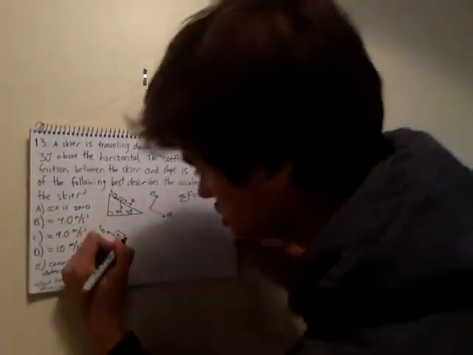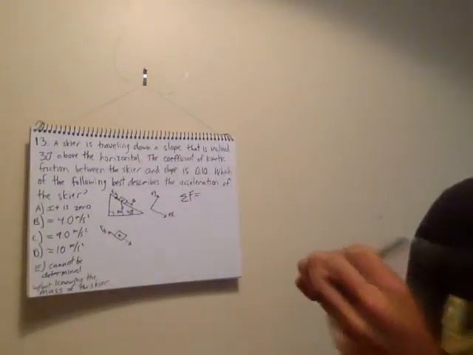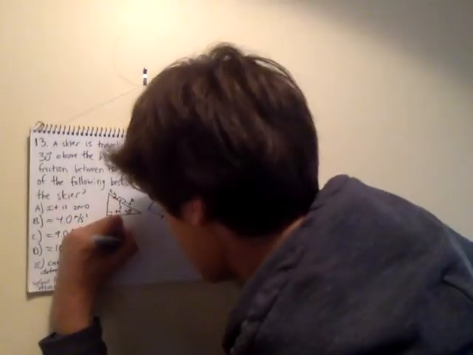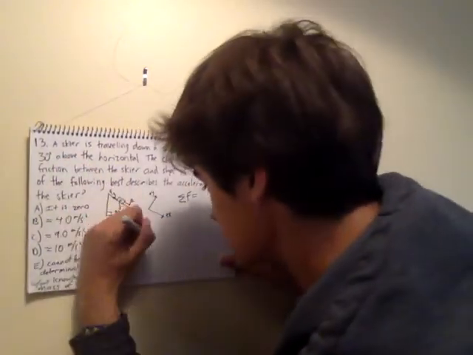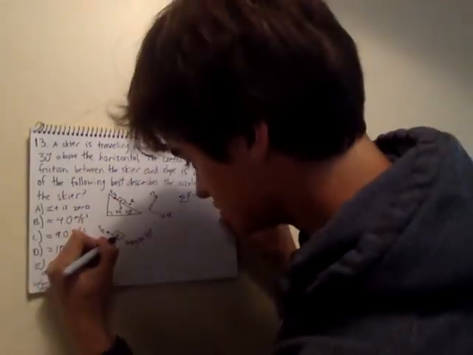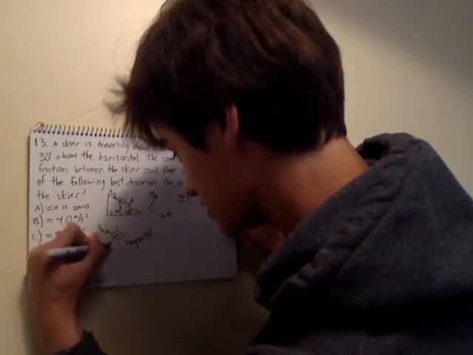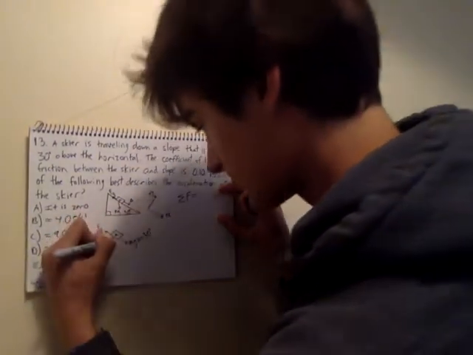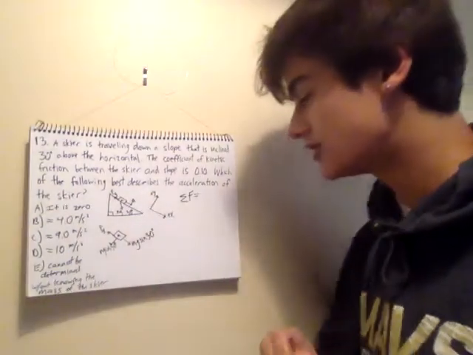We've got mg sine theta, and theta, again, is 30. It's just a habit of mine to say theta. And then this is going to be mg cosine theta, cosine 30 degrees, in our negative y direction, which we don't really care about for now.